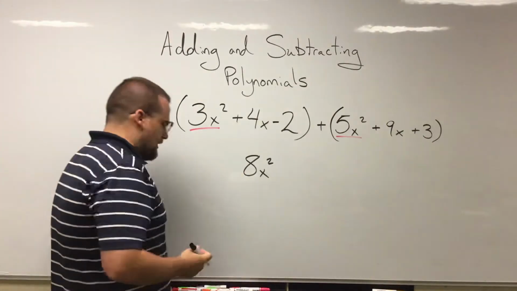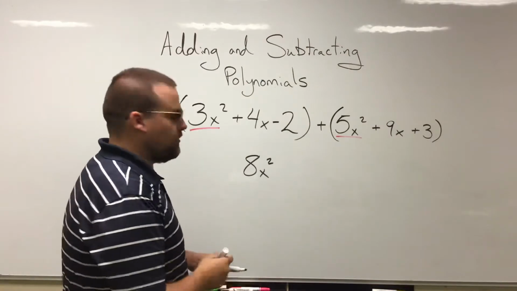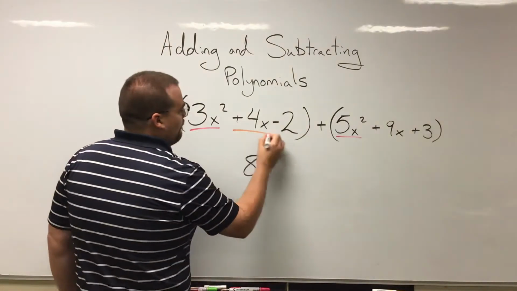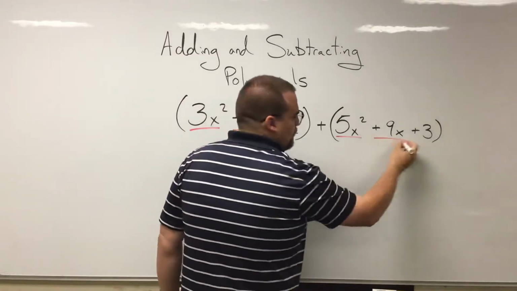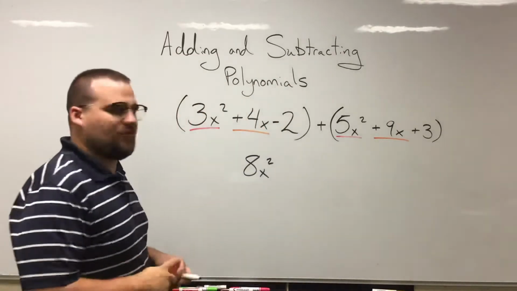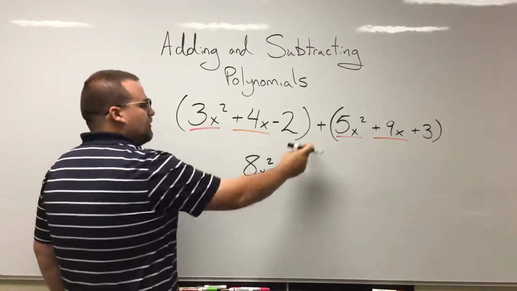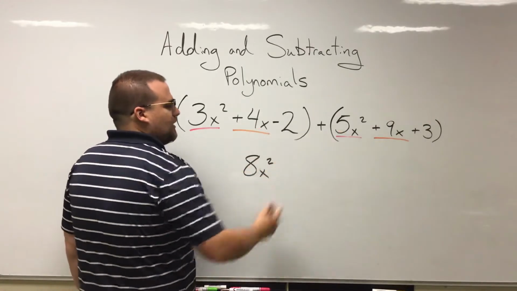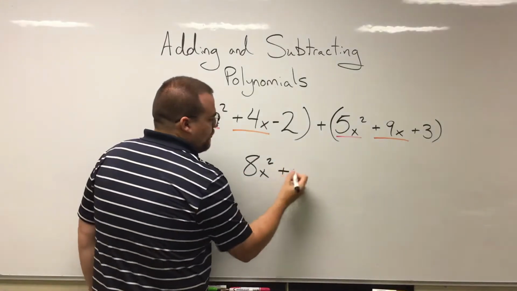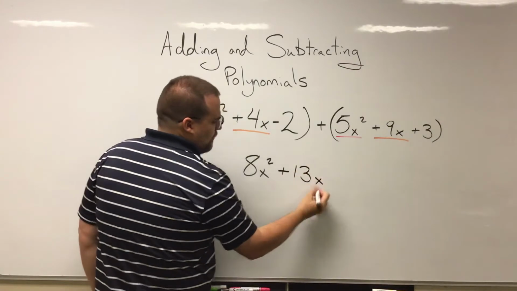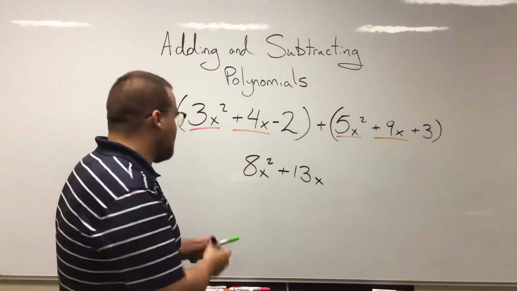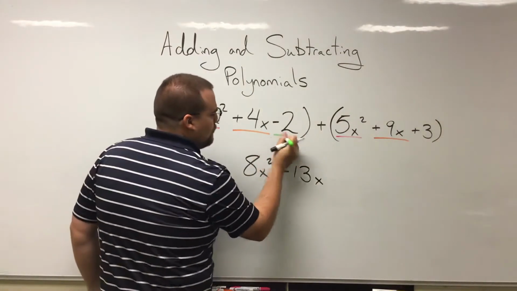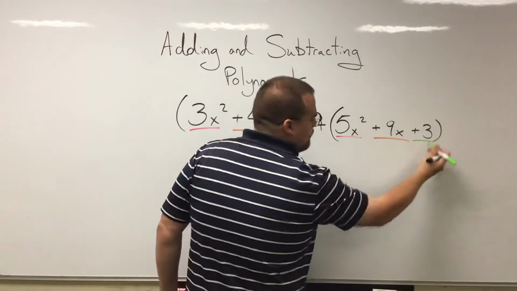So let's take a look now at what else we have here. We have a positive 4x. Do we have another x term in our other expression? We absolutely do. We have a positive 9x. So we are going to add 4x and 9x to get 13x. Finally, we're going to look at our last terms. We have negative 2 and 3.